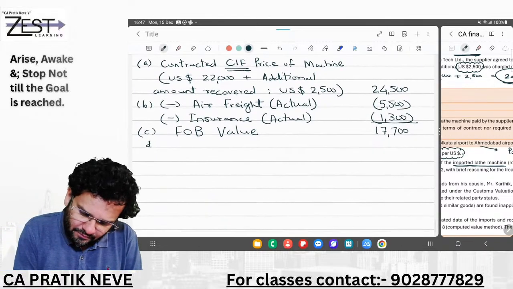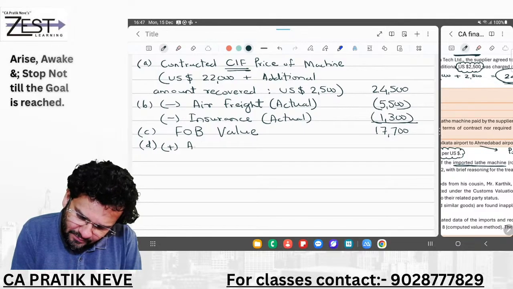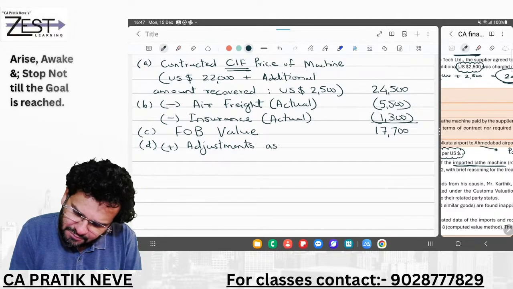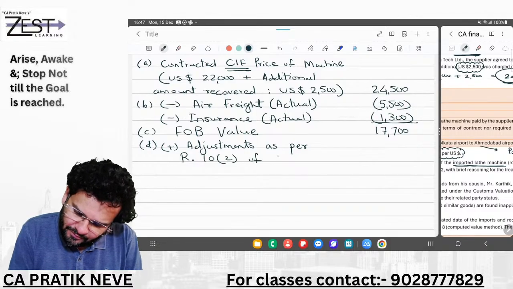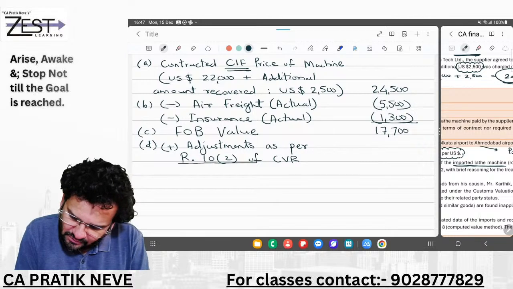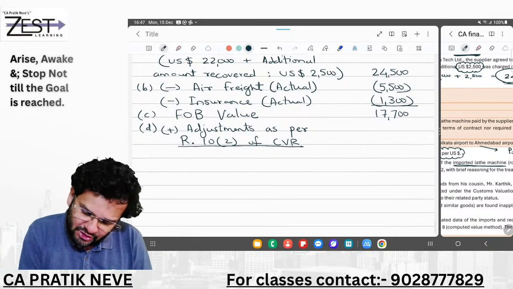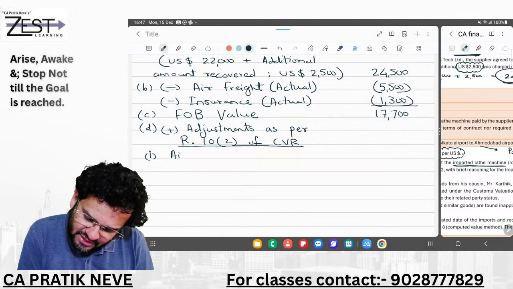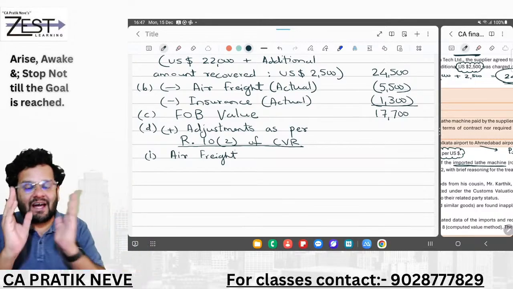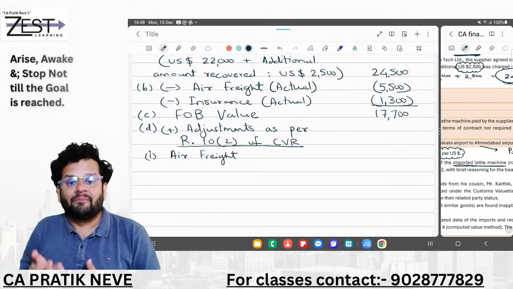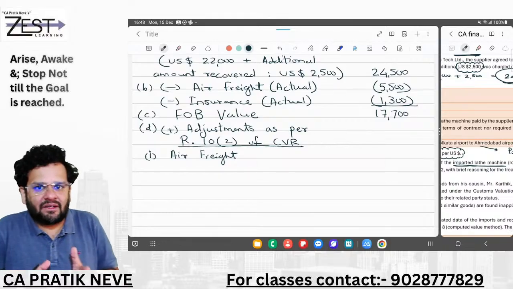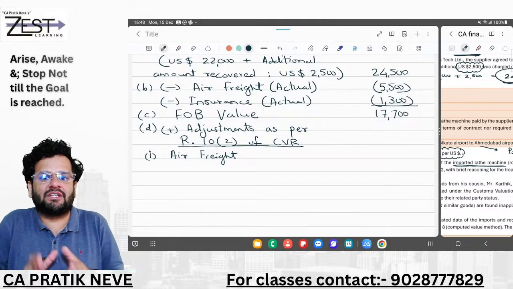Now what I will do? Now I will add adjustments as per rule 10(2) of customs valuation rules. In 10(2) of customs valuation rules, first you have freight. So here it is air freight. So friends, actually CIF value is the final assessable value, but in that CIF value, the air freight should be restricted to 20% of FOB.